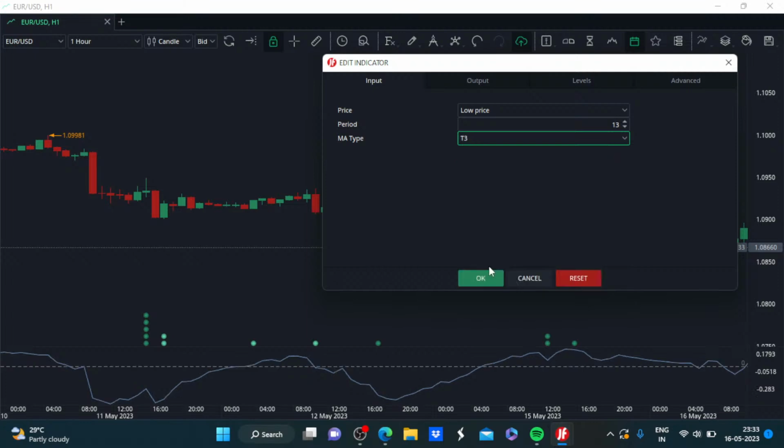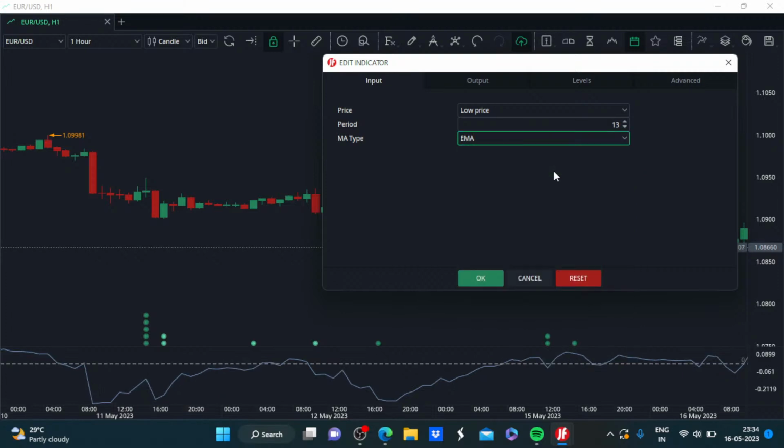But in all these changes and customization options, more or less the direction of the trend is going to be the same, only there is going to be less or more lag, and that is one factor which we have to optimize using these customization options permissible on the platform.